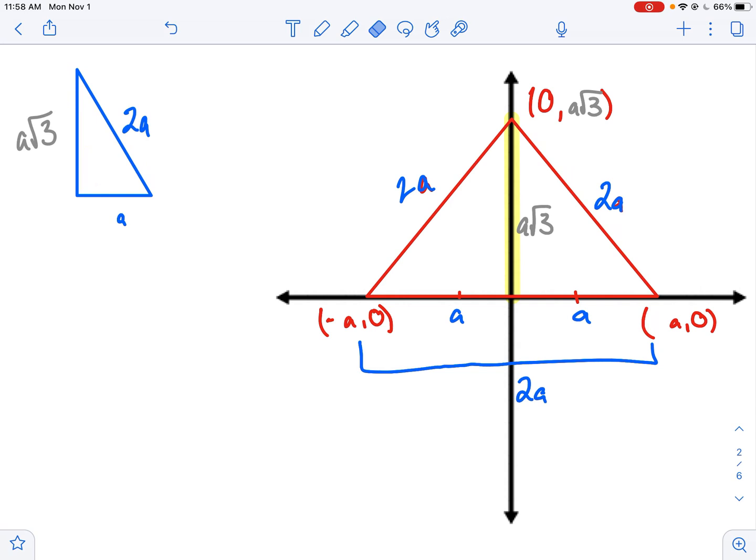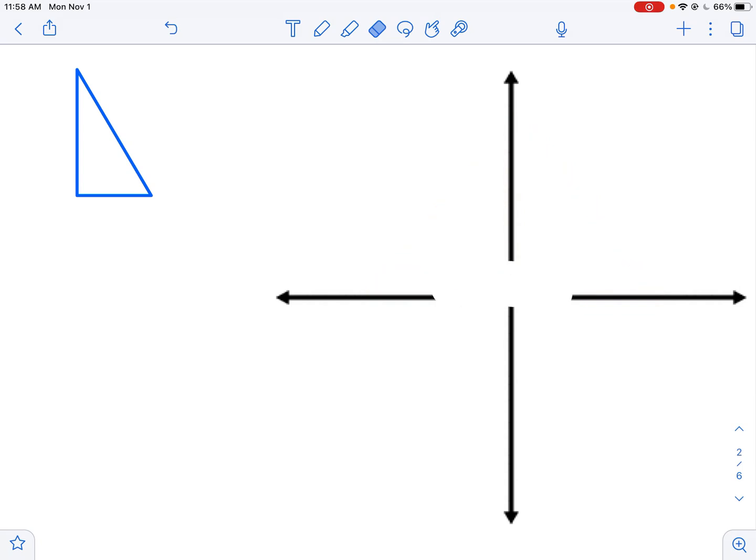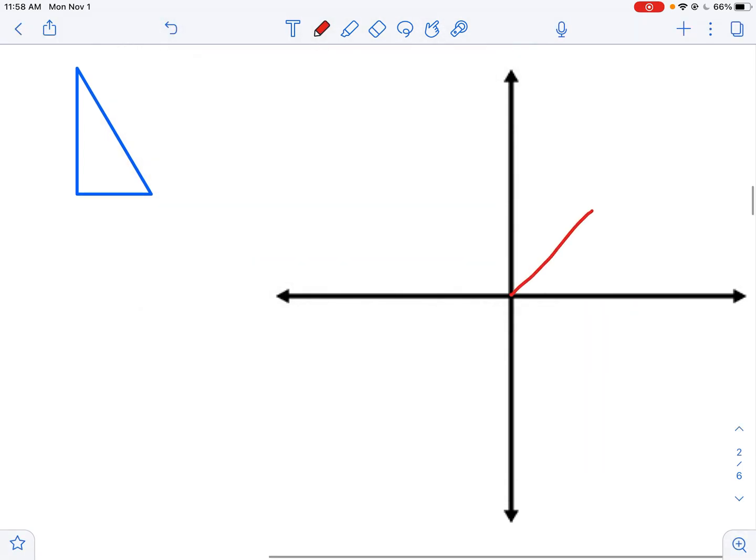Okay, let's try another one. What if I did an equilateral triangle, and we're going to do the same kind of idea. What if I did one here?